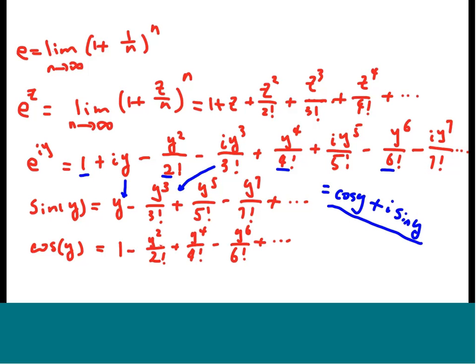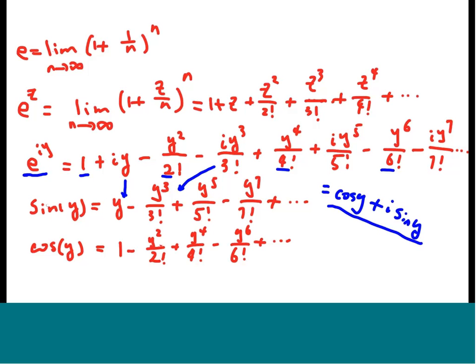So e to the iy equals cosine y plus i sine y. We don't want to prove it here. There are other proofs for it, and some pretty good ones, that need a little calculus.